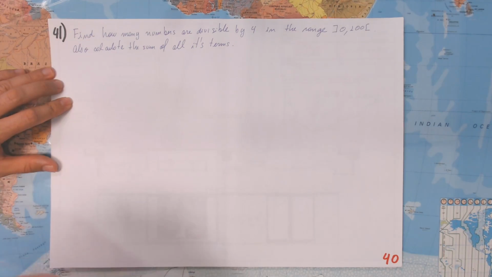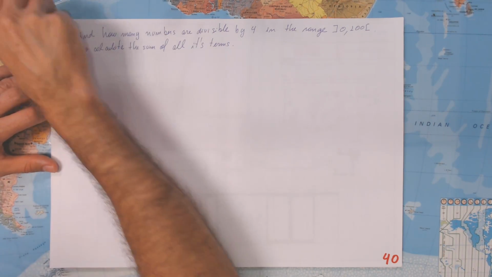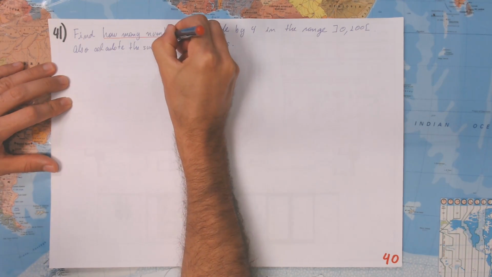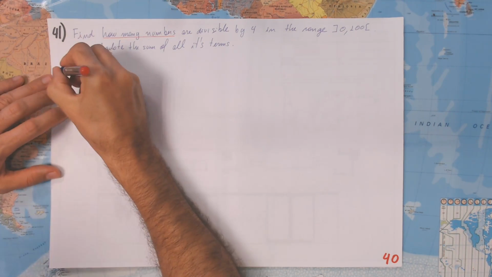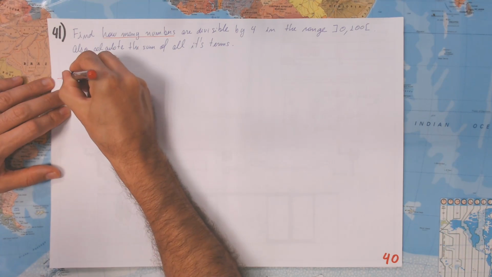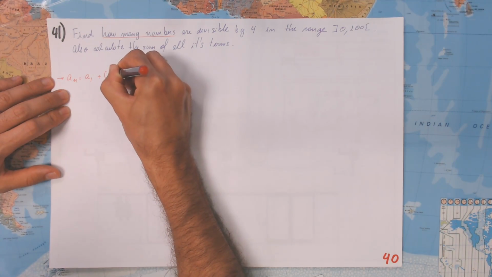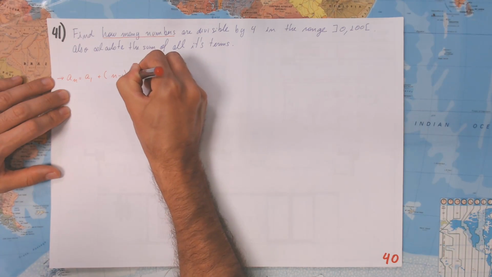Well, first, how many numbers? Let's find out this one first, okay? To know that, we have to write like this: an is going to be the first plus n minus 1 times the common factor.